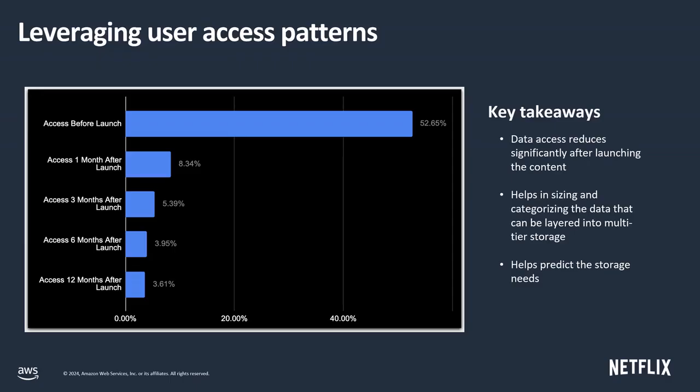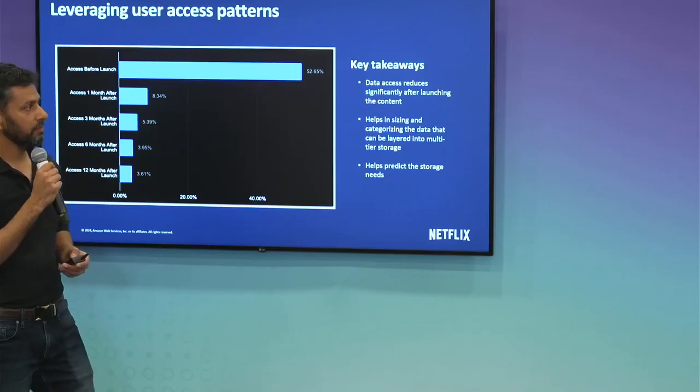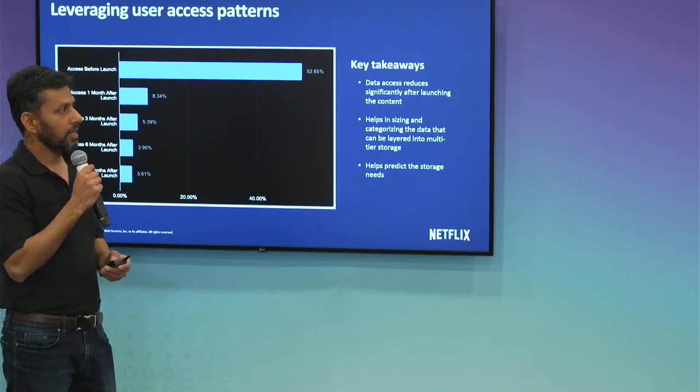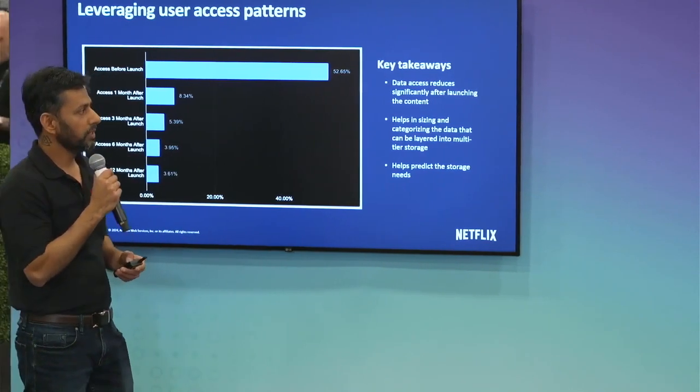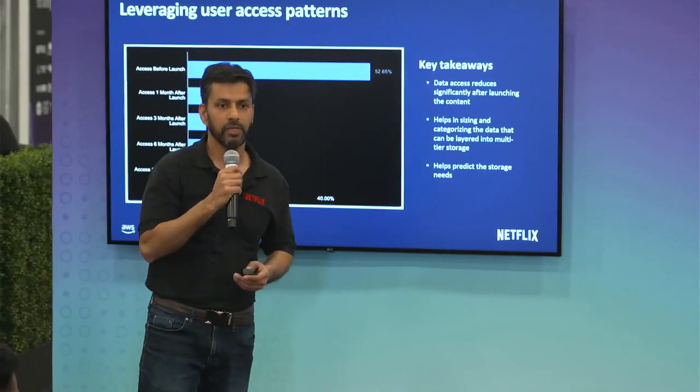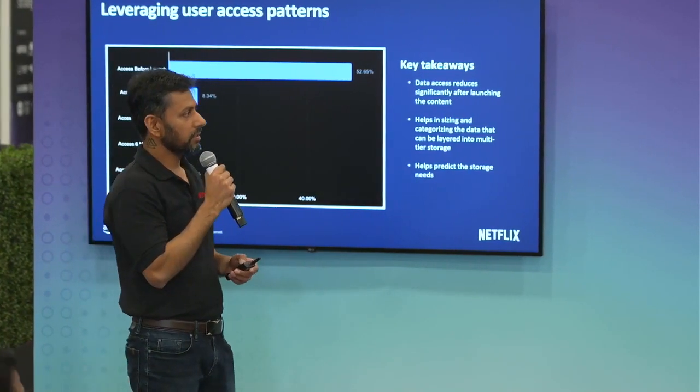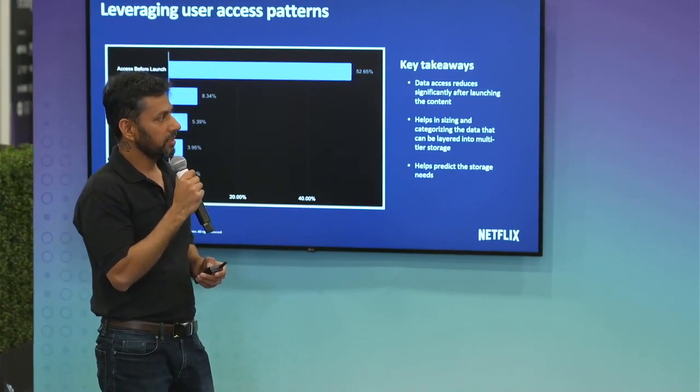Let's look at the next metrics that we collect. This is the usage pattern or access pattern. And what we have seen is that until the day of launch, we access about 53% of the data. And these numbers die immediately after the launch.